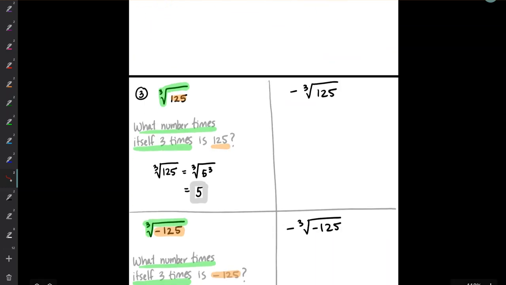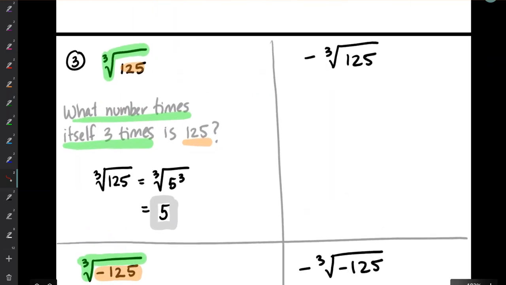Okay, let's do these next 2. This minus on the outside is a minus 1 times this number. It's a minus 1 times the cube root of 125, which is 5. Answer, negative 5.